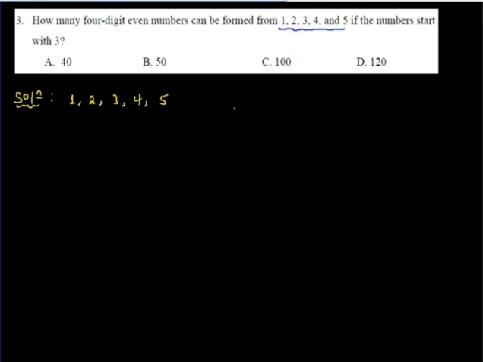Ideally the numbers will look like this: 3, you can use anything in between, and the unit digit should be 2, or the other option is 3, any number 1 up to 5 in between, and the unit digit should be 4, because the question is a 4-digit even number. It becomes an even number whenever the unit digit is 2 or 4.